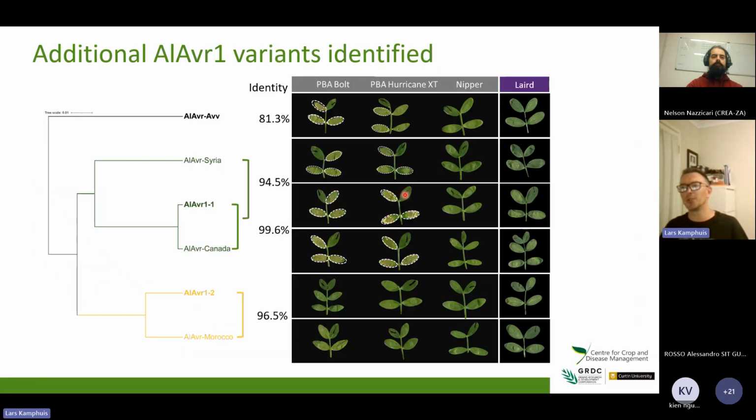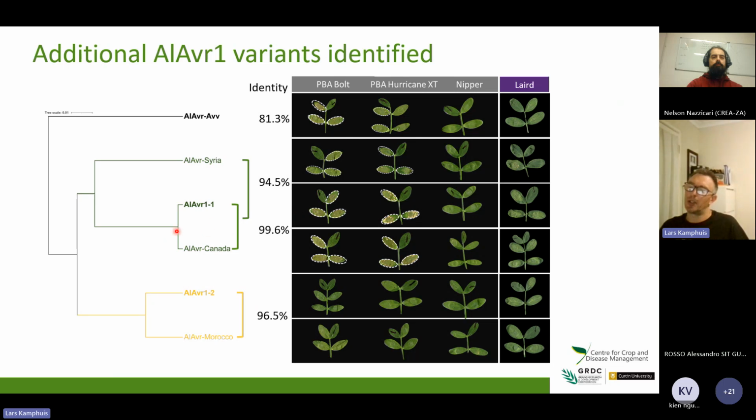And so we cloned those different versions of the ALAVR1 protein into Agrobacterium and did agroinfiltrations again. And what we found was that, again, ALAVR1-1 held up. It produced strong necrosis in both PBA Bolt and PBA Hurricane.